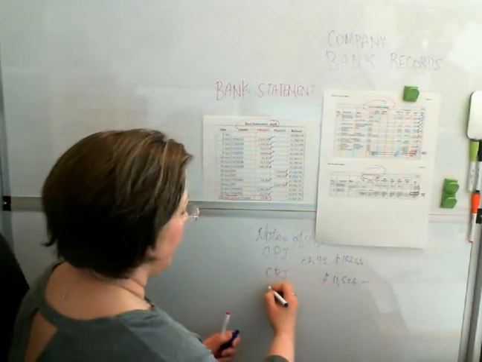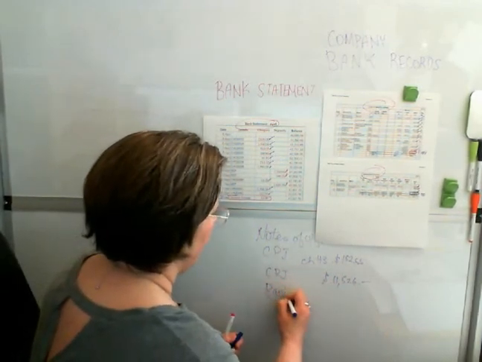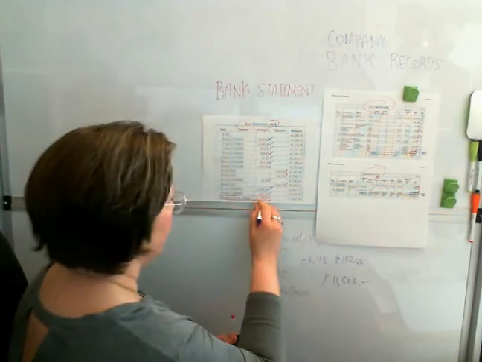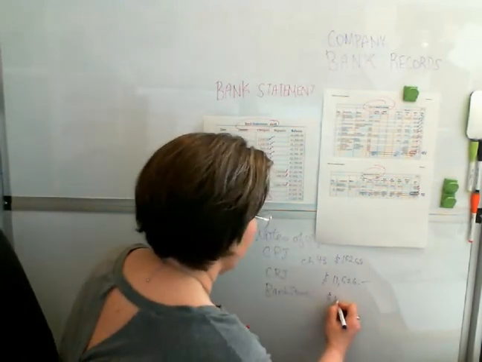And then what else? I have a record on the bank. So on our bank statement, the outstanding item is this bank charge of $12.